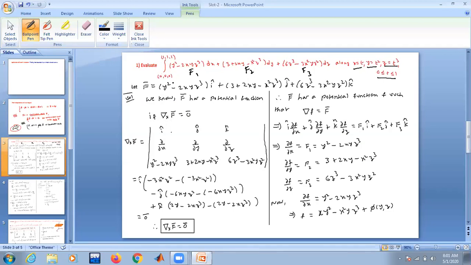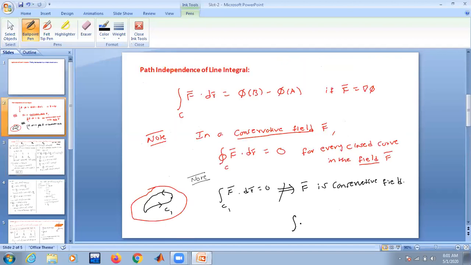If I want to integrate this, I have a formula. The integral of f bar dot dr bar is equal to the integral from t1 to t2 of f bar dot dr bar by dt dt. My r bar is t i bar plus t square j bar plus t cube k bar, according to the problem given.